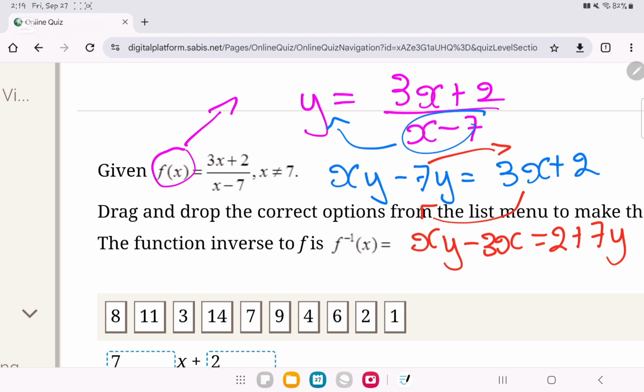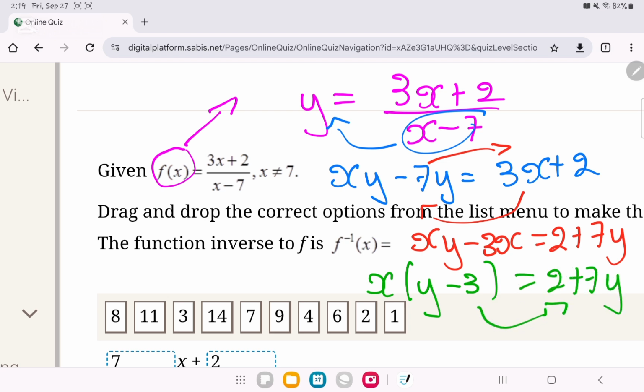Then we're going to factor it. We take the x alone. It's going to be x times (y minus 3) equals 2 plus 7y. Then we bring y minus 3 to the other side. We have x equals (2 plus 7y), or (7y plus 2), over (y minus 3). Now, we said we're not done yet.